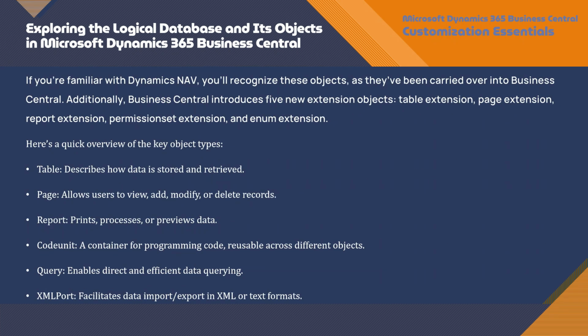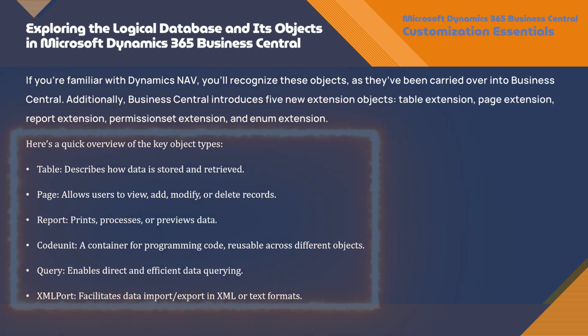If you are familiar with Dynamics NAV, you will recognize these objects as they have been carried over into Business Central. Additionally, Business Central introduces 5 new extension objects: table extension, page extension, report extension, permission set extension, and enum extension. Here's a quick overview of the key object types.